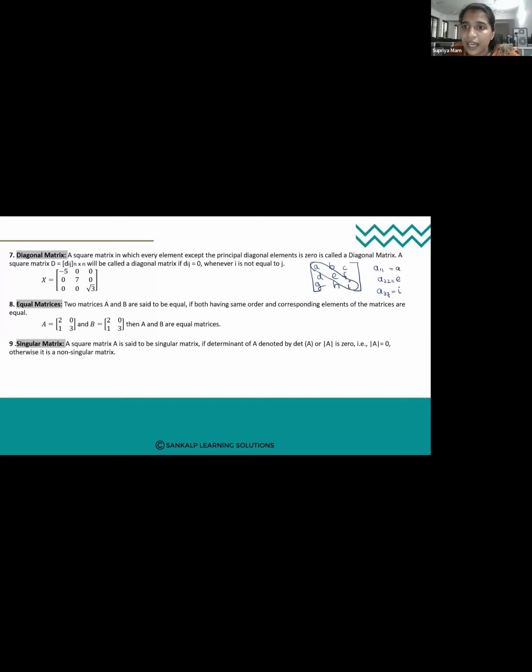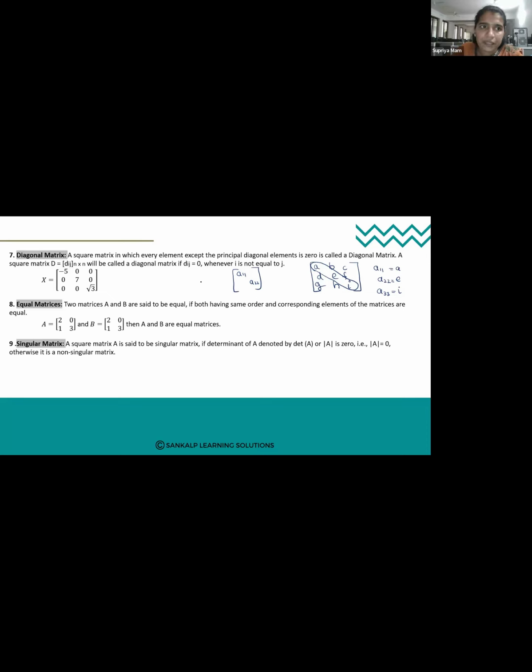These are called diagonal entries of the matrix, or simply principal diagonal. A, E, I are called principal diagonal elements: A11, A22, A33. If I consider a 2 by 2 matrix, A11 and A22. Elements from left top to right bottom are called diagonal elements.